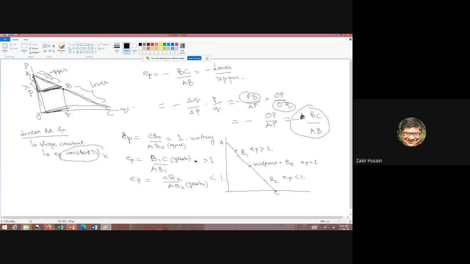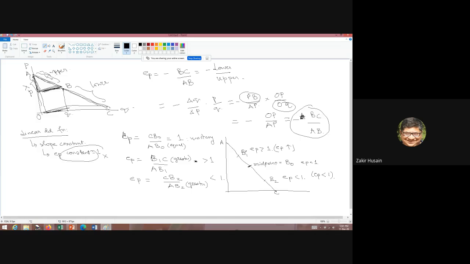At different points on the straight line demand curve, elasticity will be different. At this point, elasticity will be equal to 1. And as we move up, the value of elasticity is going to increase. If you move like this, the value of elasticity is going to decrease from 1 and move towards 0.